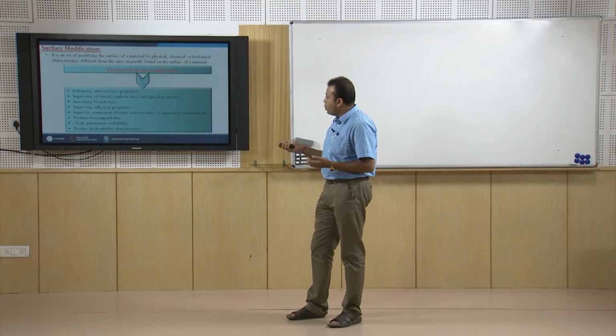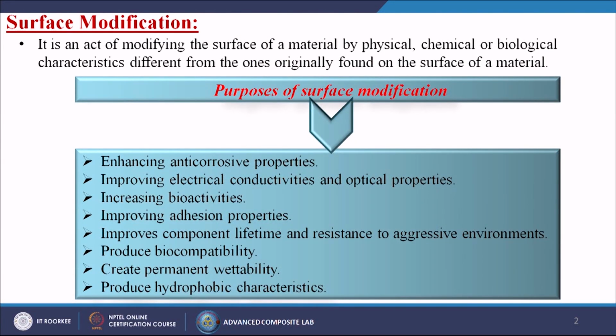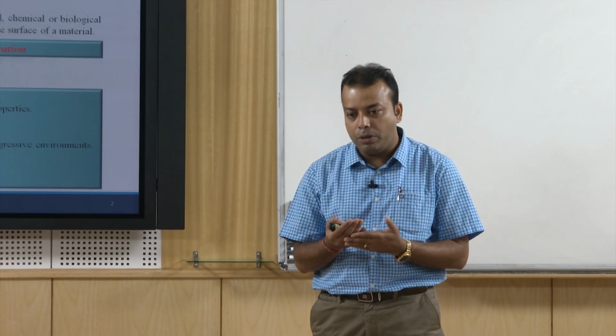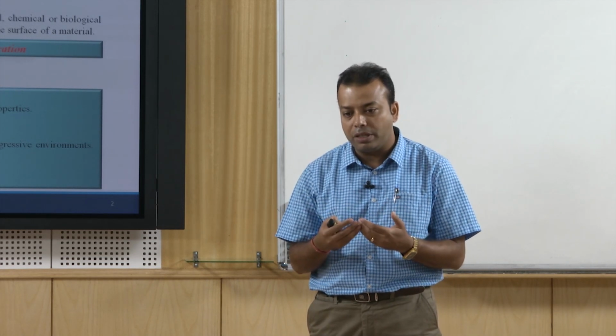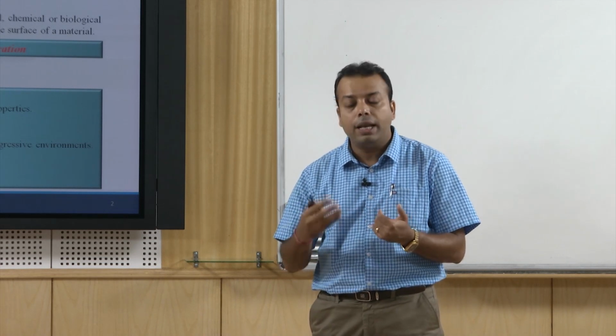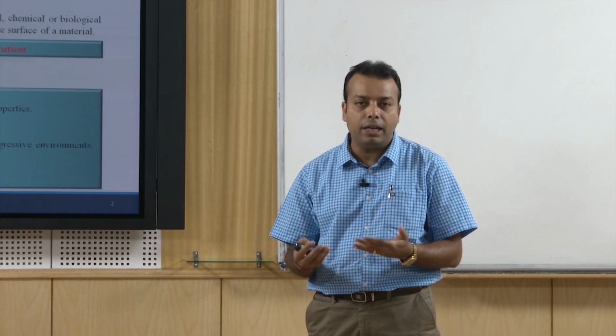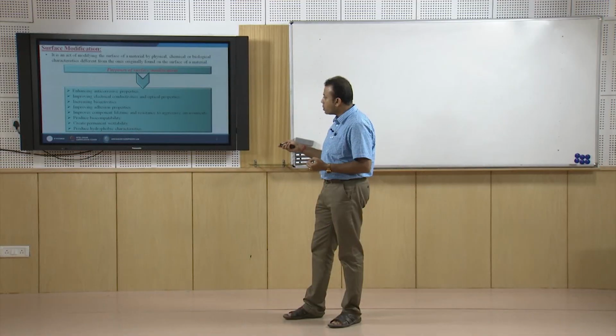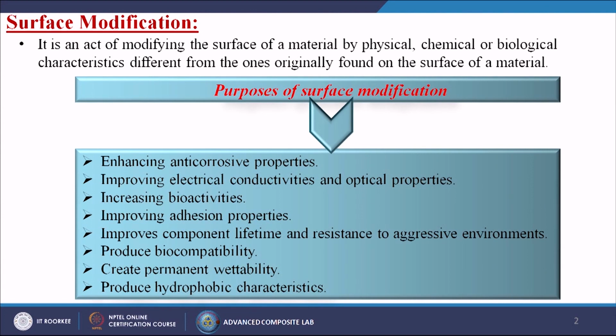Next, improves adhesion properties, that is the stickiness. Maybe I am doing a coating on a particular material, so that any kind of barrier layer can be put onto that material. It also improves component lifetimes, resistance to aggressive environments, and produces biocompatibility.